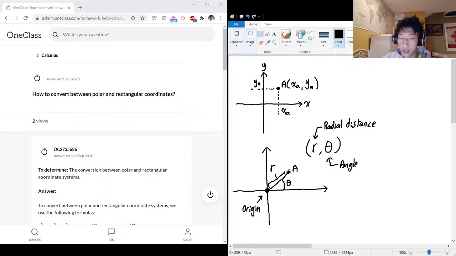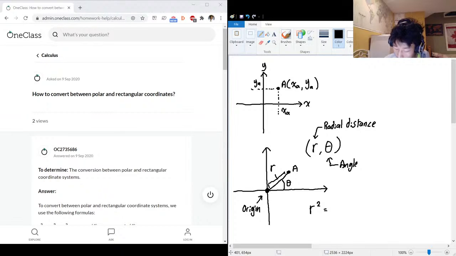To find the length of r, which is just the hypotenuse, we're basically going to use Pythagoras' theorem. We know that r is the hypotenuse, right? And Pythagoras' theorem says that the hypotenuse squared is equal to the perpendicular parts of the triangle squared and added together.